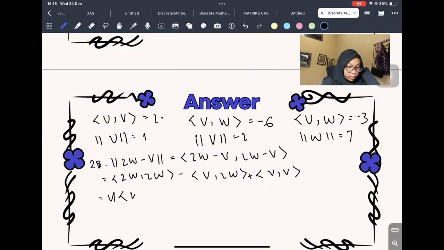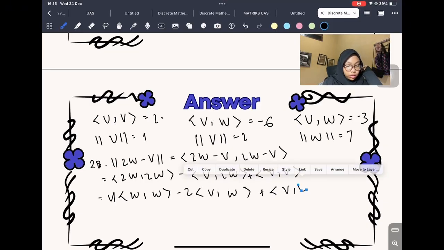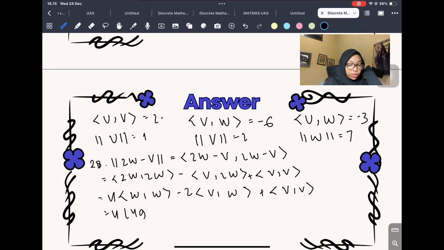So 4 times w and w, minus 2 times w and v, minus 2 again v and w, plus v and v. So what is w and w? The value is 49. And the value of w and v is minus 6. The value of v and w is also minus 6. And the value of v and v is 4.